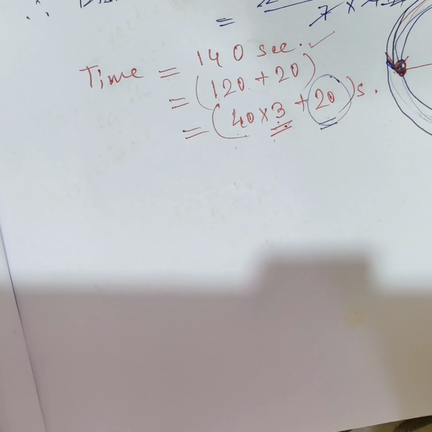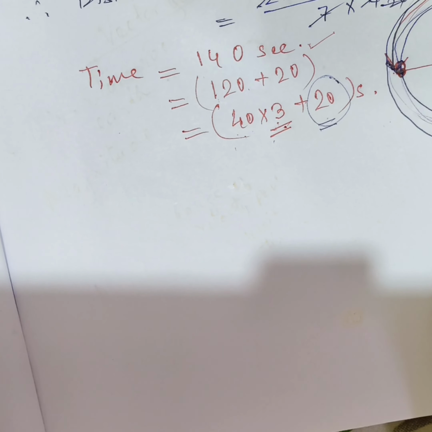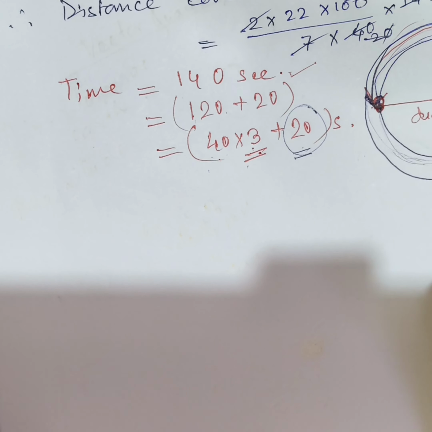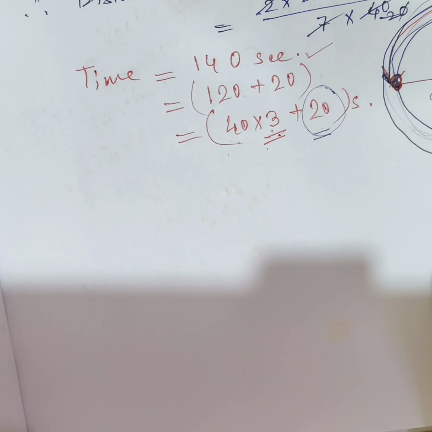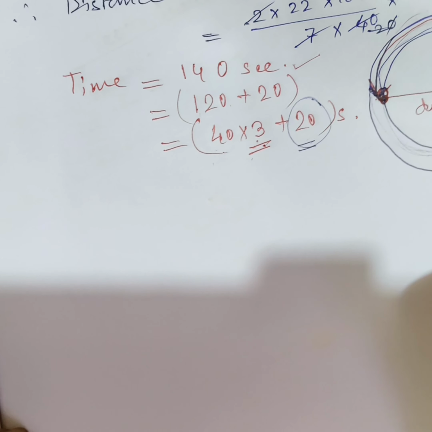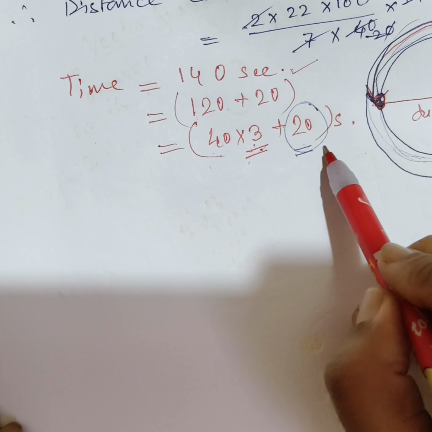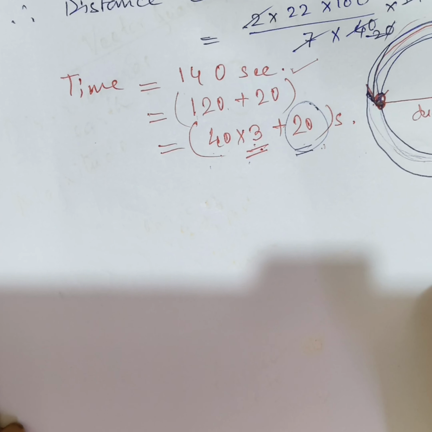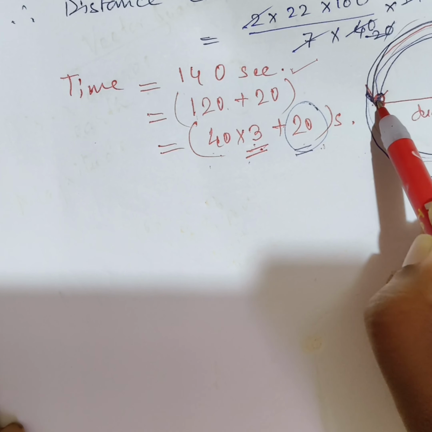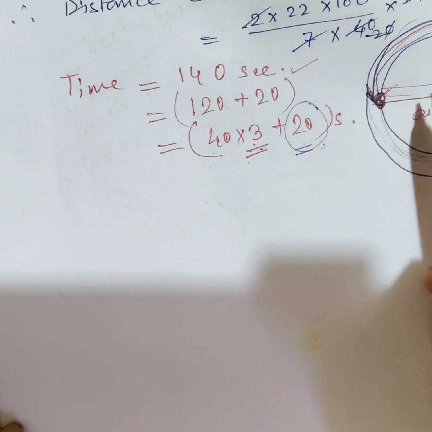To find out his displacement, we have to calculate the shortest distance covered in these next 20 seconds. The initial position being this point and the final position being this point, this is the displacement.